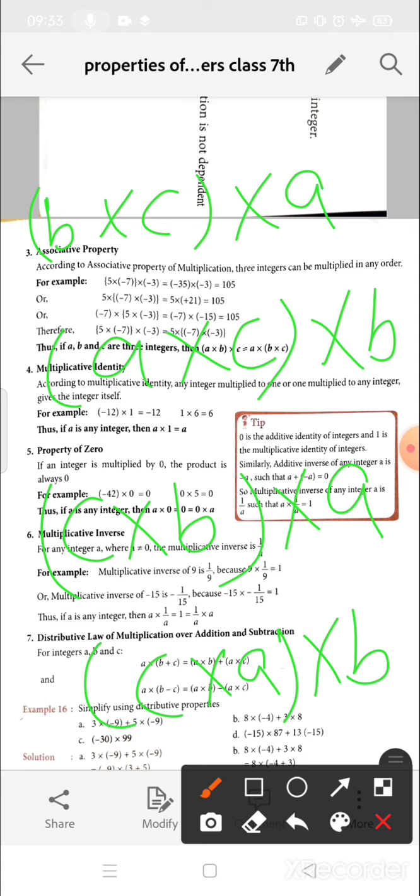In all the cases the result will be the same, and the multiplication of integers does not depend on the order. Clear? Now look at the example.